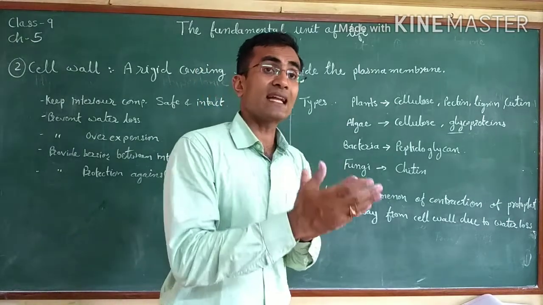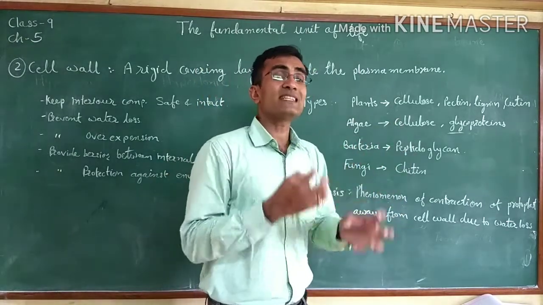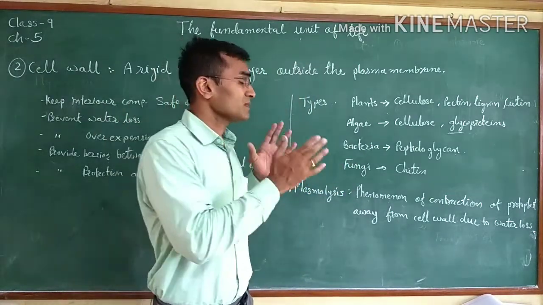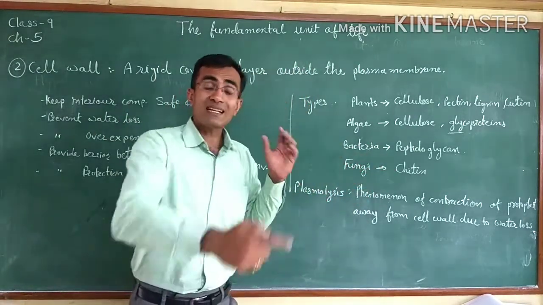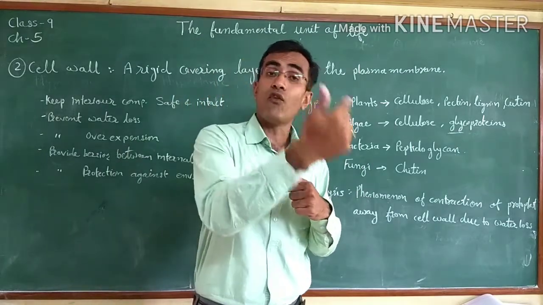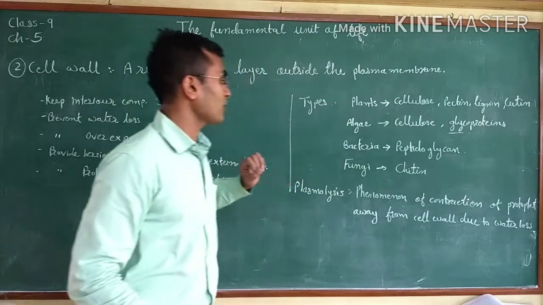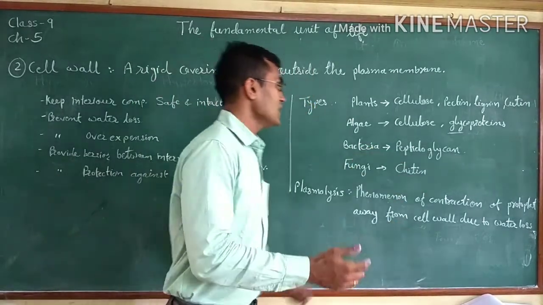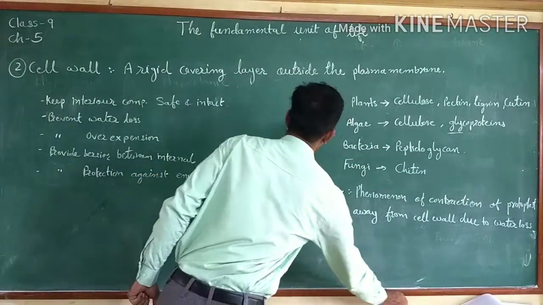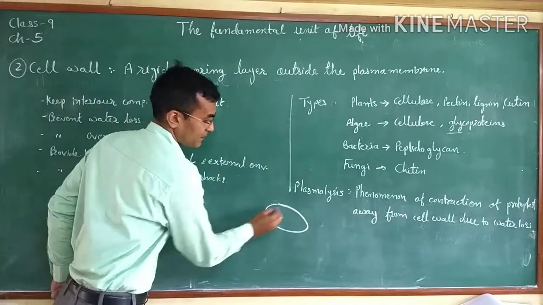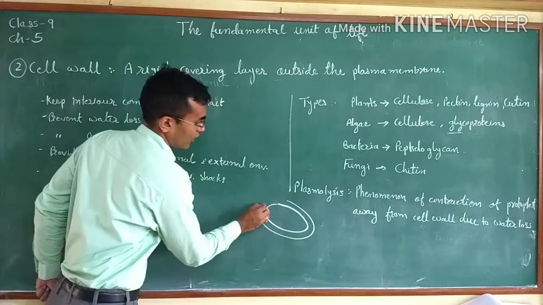If we see inside the cell, the stuff present inside, that is called the cytoplasm, will shrink due to water loss. But on the outer side, the cell wall will be as it is. So plasmolysis is the phenomenon of contraction of the protoplast away from the cell wall due to water loss. How does it happen? This is the cell membrane and this is the cell wall.